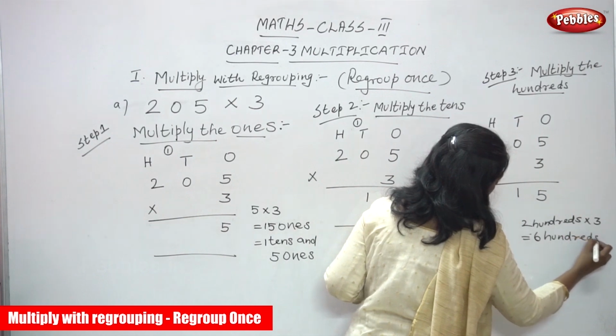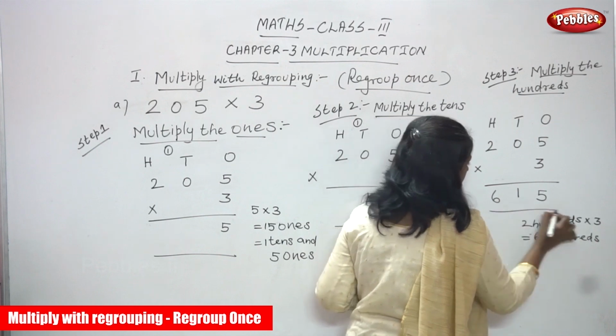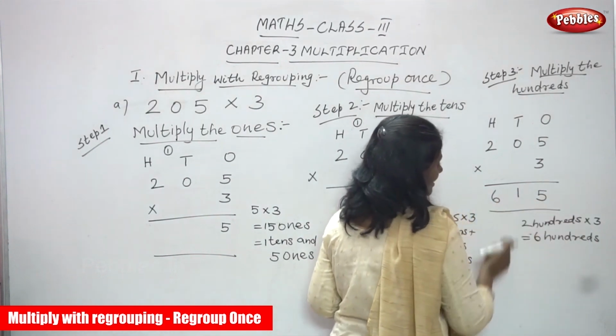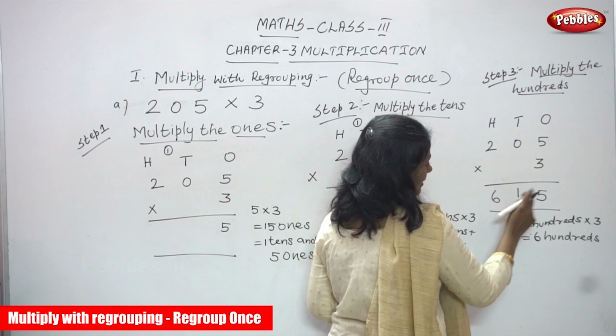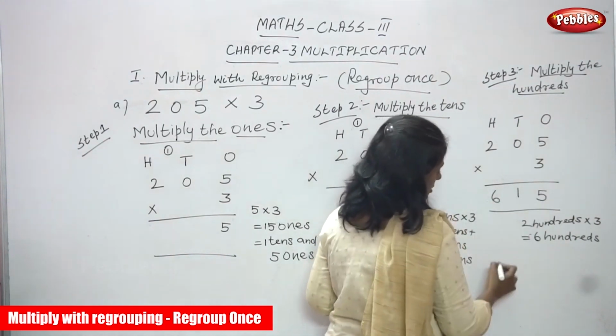There is no carryover, so you write 6 as it is. So the answer is 615, that is 6 hundreds, 1 tens and 5 ones.